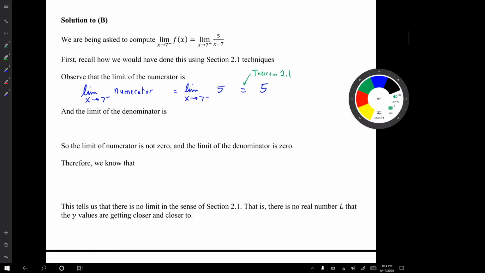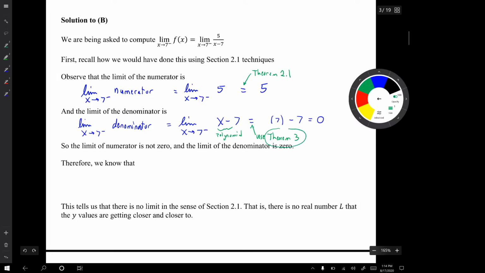Now, the limit of the denominator would be computed in the following way. We would have found that the limit of the denominator was the number 0, and the key step in that limit was using theorem 3, which says the limit of a polynomial function is just simply the same as computing the y value at the x value where you're supposed to be computing the limit.